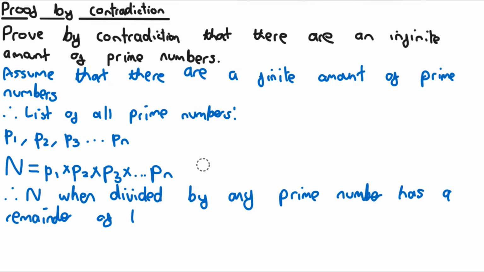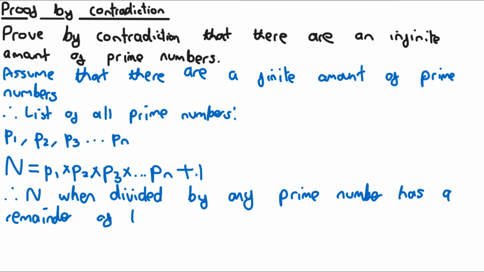Let's get rid of the plus 1 for a second. Let's say n was this. If we therefore divided n by any of the prime numbers, it would be divisible by any of the prime numbers, because we have just times all the prime numbers together. So it would be divisible by P1, divisible by P2, divisible by P3. But as we've added 1 on the end, it is now not divisible by any of these prime numbers. It always leaves a remainder of plus 1.